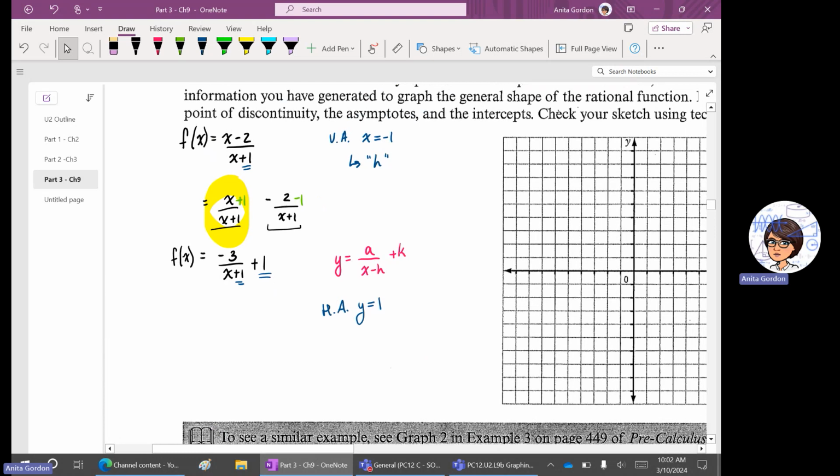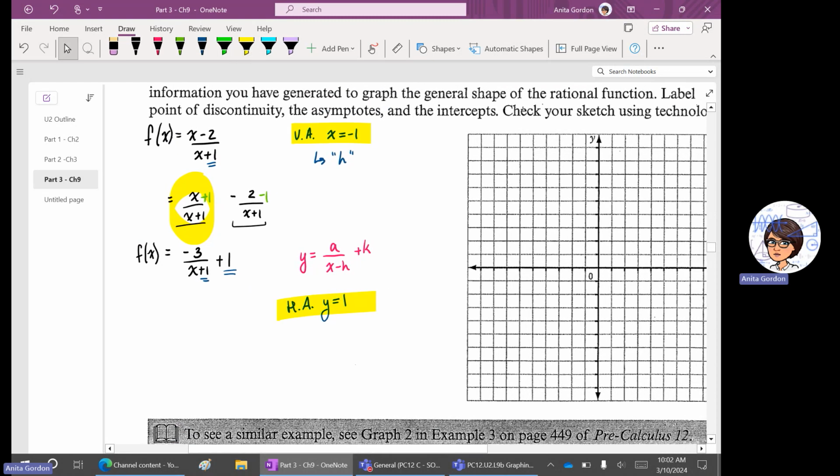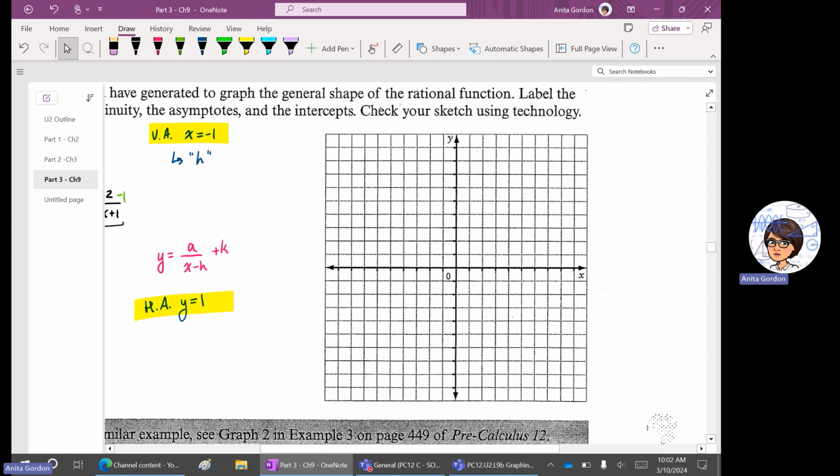So I have 2 more key features of my graph, vertical asymptote and a horizontal asymptote. When I go to graph it, I always start with my asymptotes. Vertical asymptote at x equals -1. There it is. Horizontal asymptote at y equals +1.